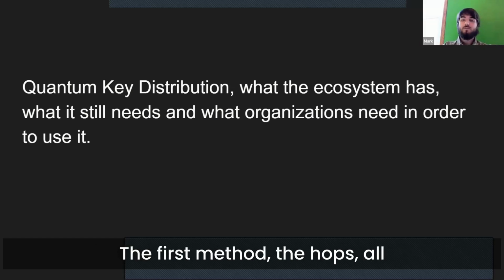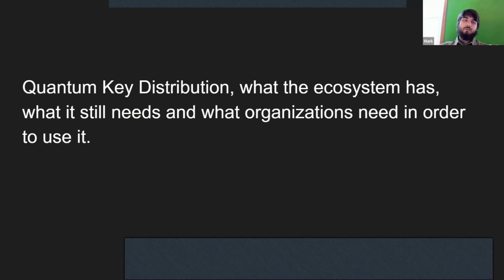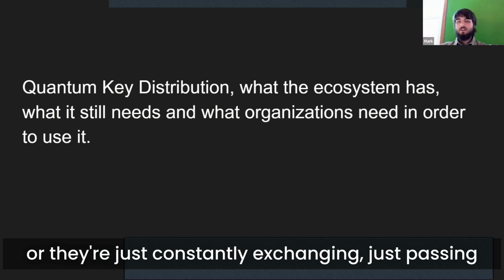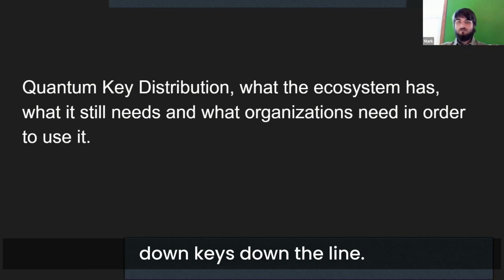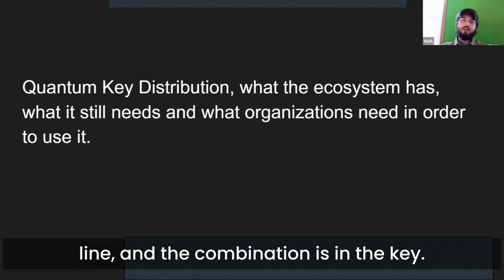In the first method, the hops, all the repeaters exchange different keys. This could be when a user initiates, or they're just constantly exchanging, passing keys down the line. They're all rolled together and passed down the line, and the combination is the key.